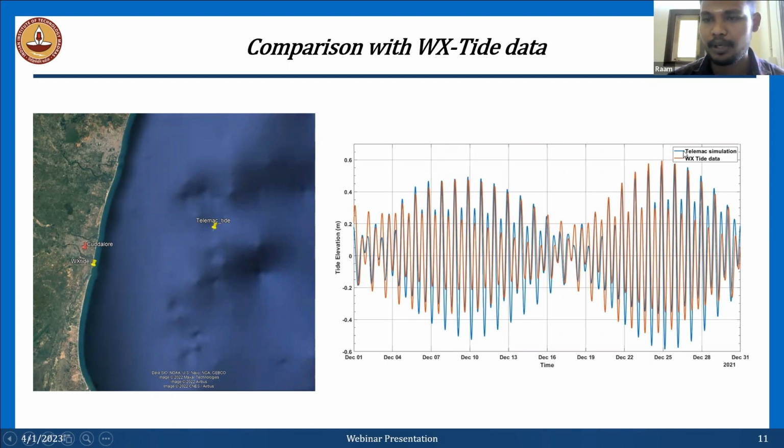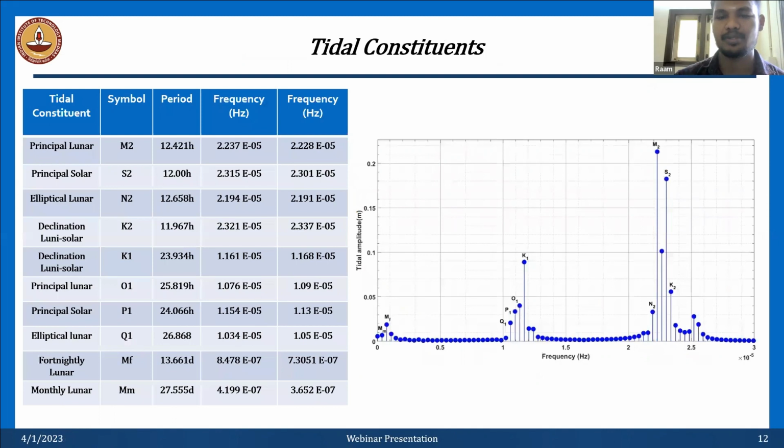The blue line indicates the Telemac, and the red line the WX tide. We can observe a great correlation, though there is a peak difference. That is because we observed different zones, around some kilometers of variation, since we didn't get any tidal station near our Telemac simulation zone. And this is the tidal constituents.